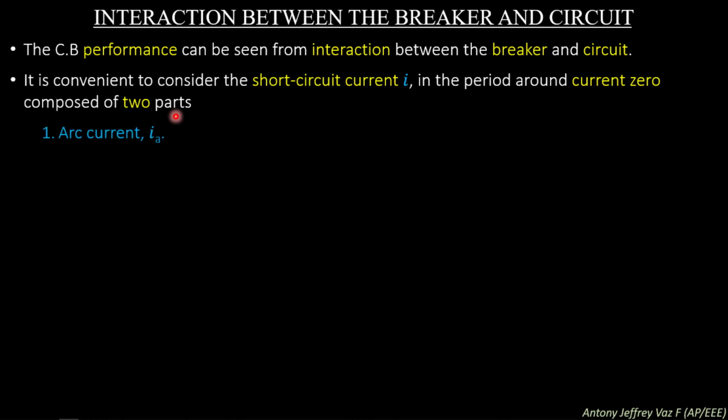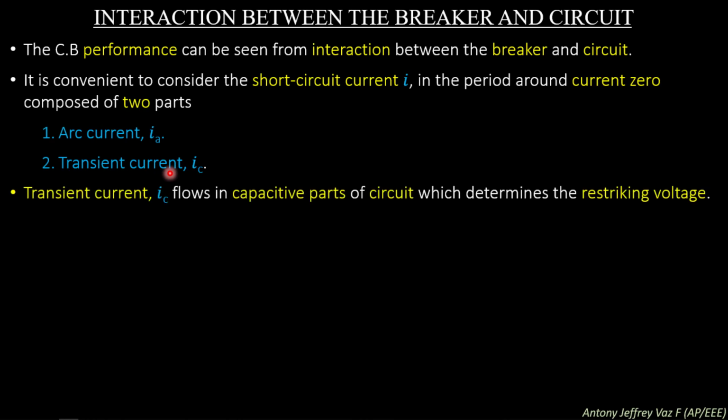One is the arc current IA and the other is the transient current IC. We know the arc current is directly proportional to the short circuit current, and the transient current IC flows in the capacitive parts of the circuit, which determines the restriking voltage. So this transient current determines the restriking voltage, and it flows in the capacitive part of the circuit.